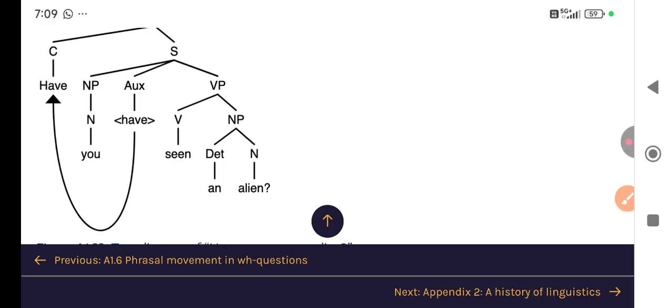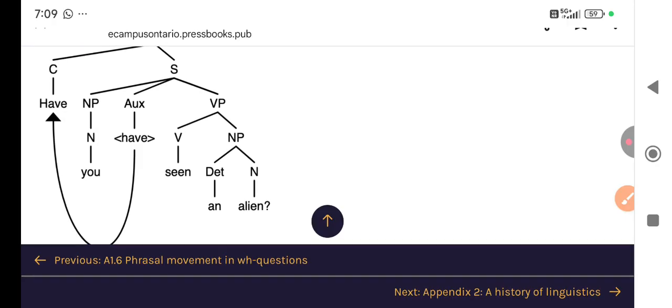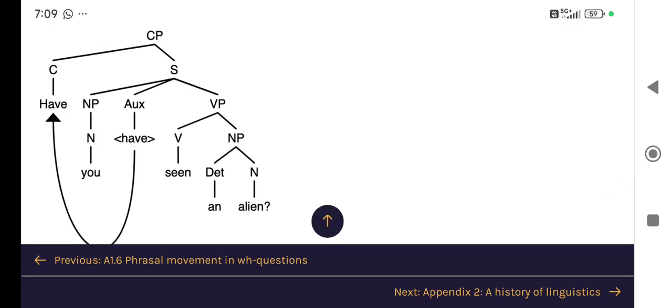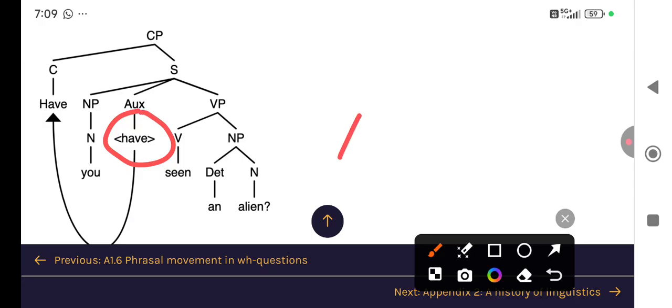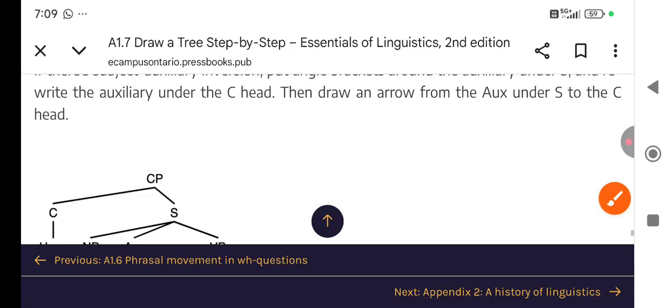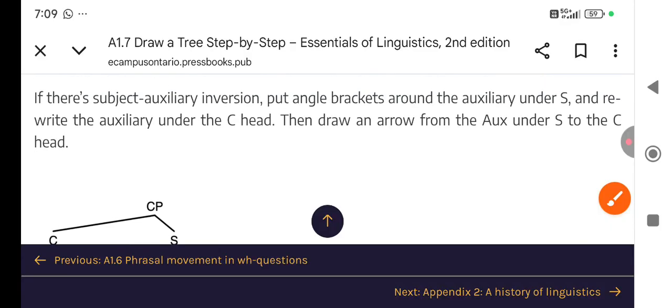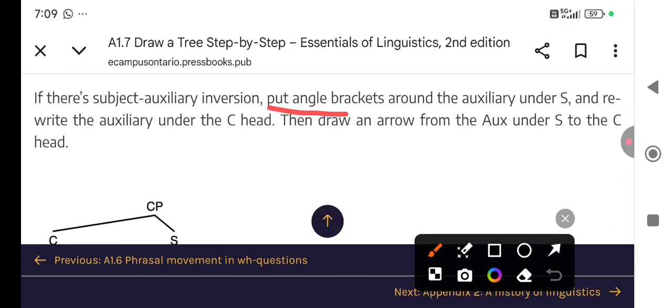Okay, so angle bracket around the auxiliary under S, and rewrite the auxiliary.